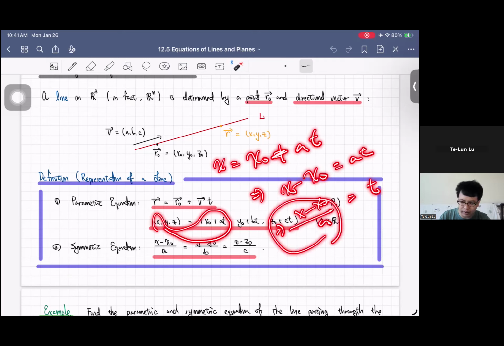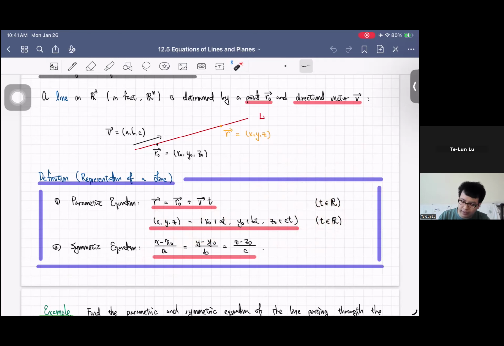And that is exactly the term here. So what we're actually saying is that this will be our parameter t. You see that this is also a clean format of representing a line because it contains the information that we just need: the point x naught, y naught, z naught, and also the vector a, b, and c.